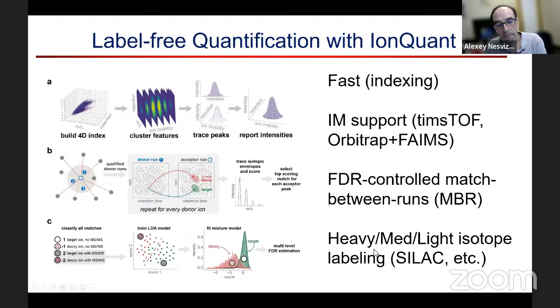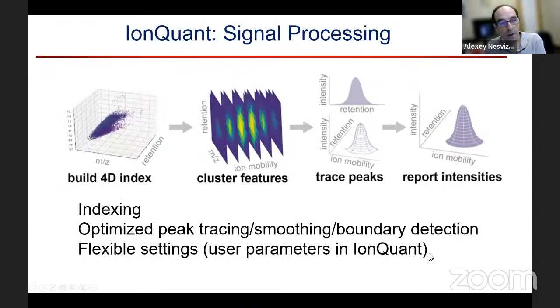And again, we have complete support for labeling-based analysis in IonQuant as well, including SILAC. On signal processing, I already mentioned that we have optimized peak tracing. We put a lot of effort into optimizing all of that, including boundary detection and smoothing, which is always a challenge, especially for low abundance signals.